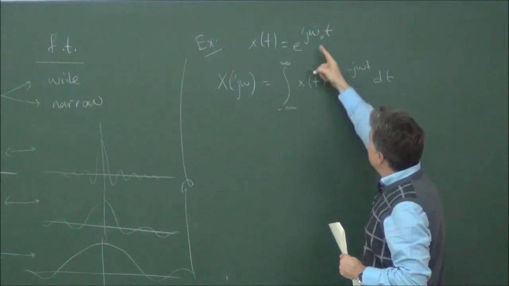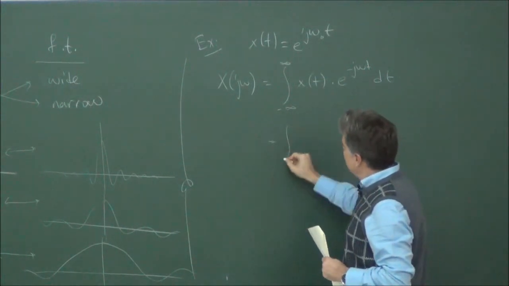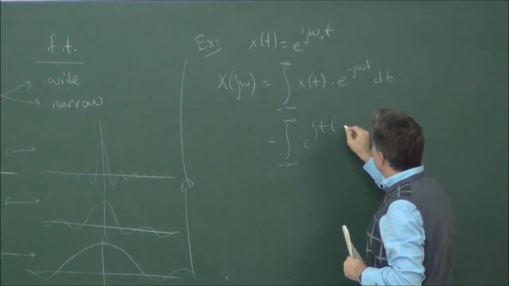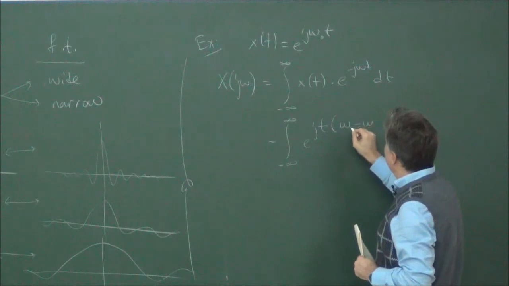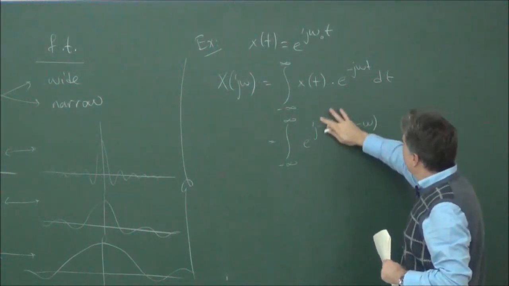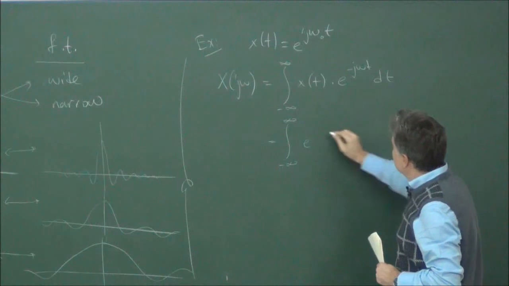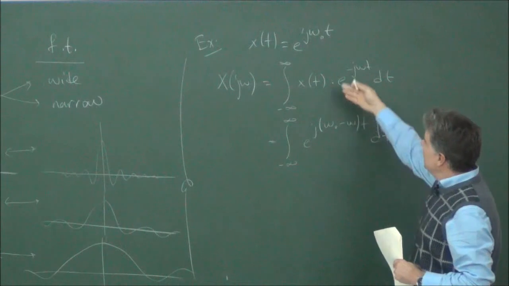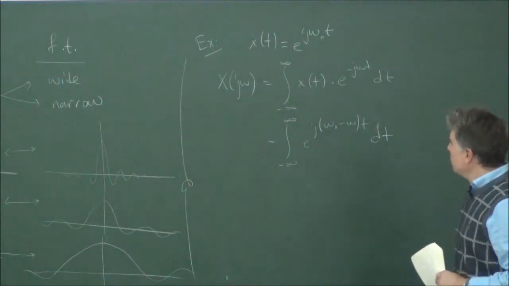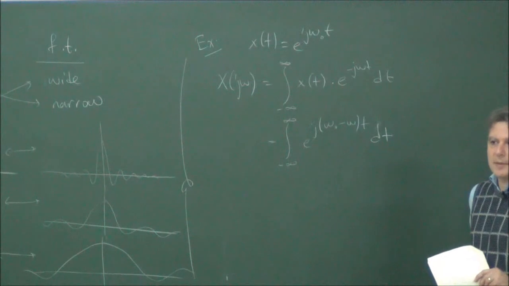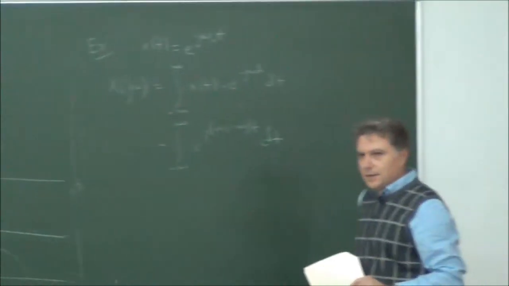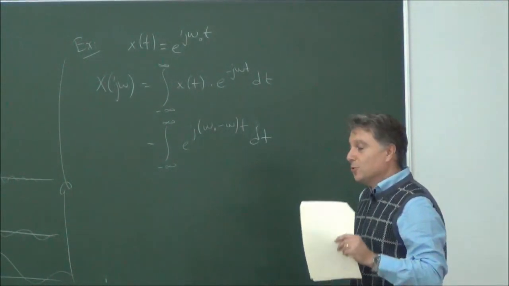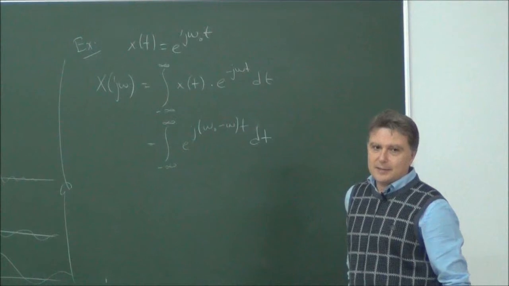When you put this thing into here, you will soon notice that, let me write it like this, e to the j omega 0 minus omega t dt. These can be combined like this, and soon you will notice that there is a huge problem here, because it looks like an indefinite integration whose values are rather difficult to evaluate.